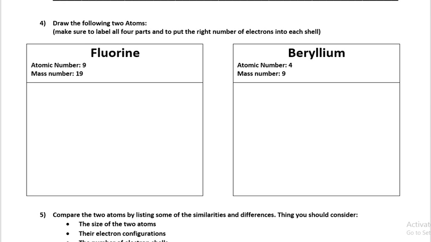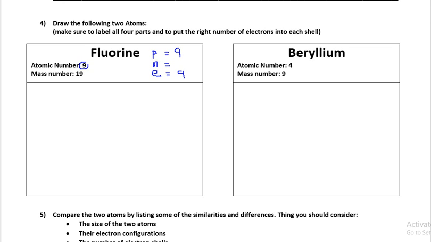So the first way you can do it is work out the number of protons, neutrons, and electrons for the atom using these two numbers. So hopefully you remember, if you've watched video 1 where we went through the table, the 9, the atomic number, tells me that it has 9 protons, and it tells me it has 9 electrons as well. Alright, the number of neutrons, we take the big number, the mass number, minus the atomic number.